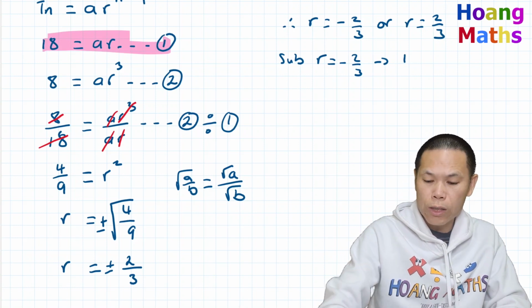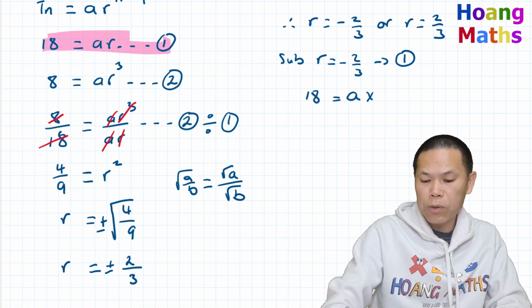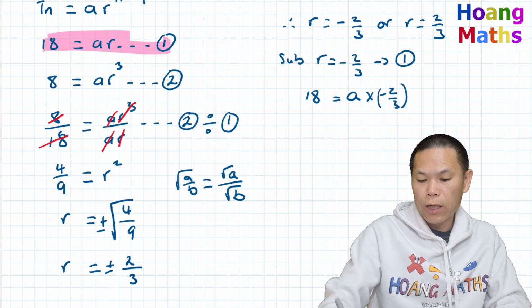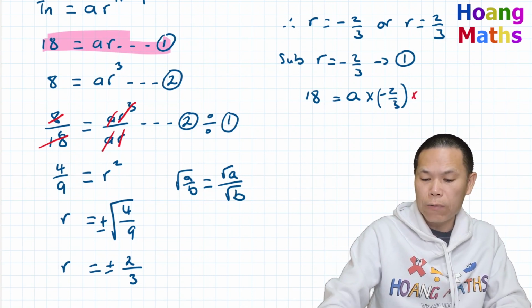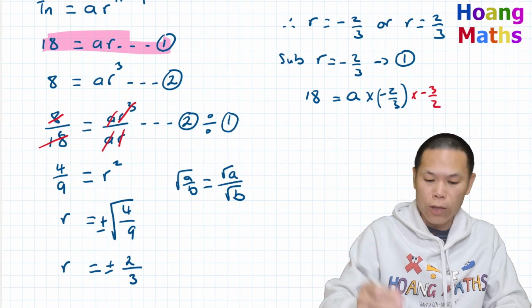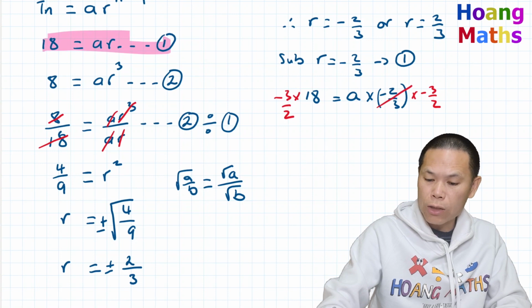So let me write equation number 1 here. This means that 18 is equal to A times negative 2/3. To solve this, I multiply by negative 3 over 2, so that both cancel out.